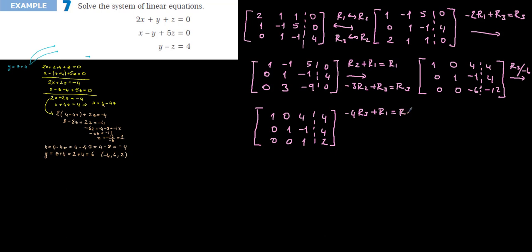So that's new R1. And here directly when you add R3 and R2, this is R3 plus R2, it's going to be new R2.